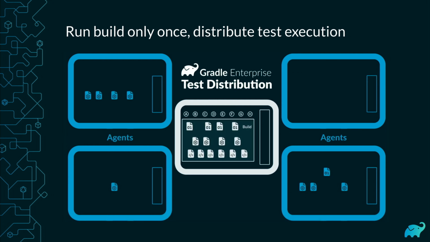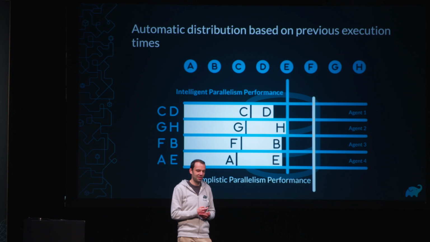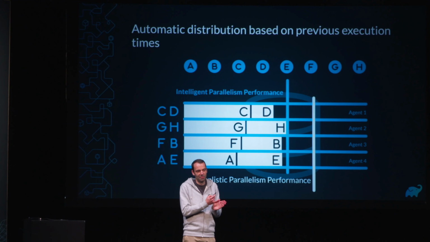We only distribute the tests, we only send the files around that we need for running the tests. And what we also did from the beginning was to use previous execution times in order to create more optimal partitions. So we could start with the slowest test classes first, and this usually results in a more optimal performance in terms of parallelism.